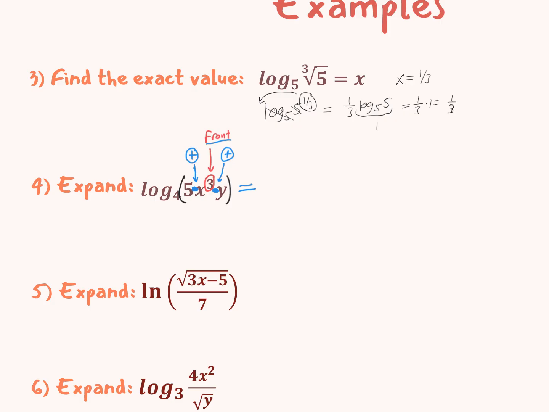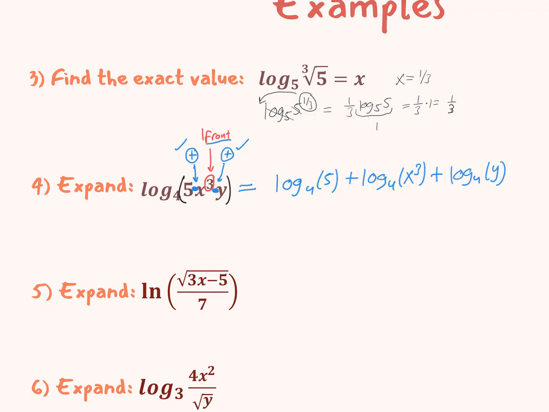So I'm going to do it one step at a time, right? I'm going to show you that this is going to become log base 4 of 5 plus log base 4 of x to the third plus log base 4 of y, right? And those are our 2 pluses, right? So that accounts for that, check and check, right?